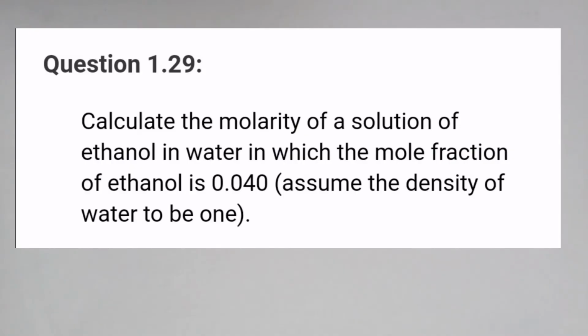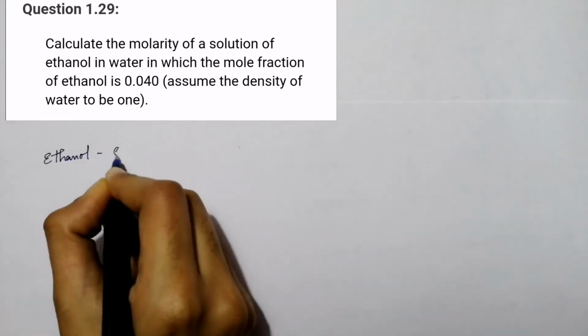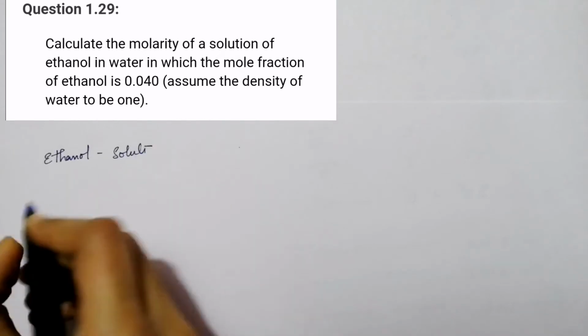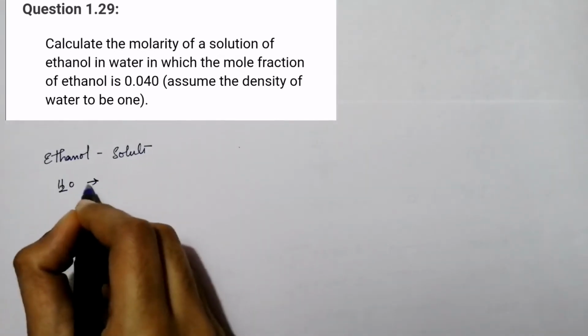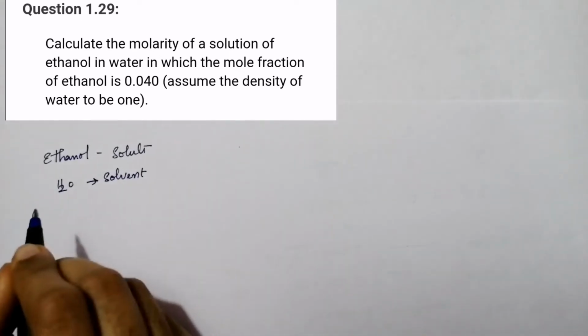Question number 29 says, calculate the molarity of a solution of ethanol in water in which the mole fraction of ethanol is 0.040. Assume the density of water to be 1. We have ethanol as our solute and water as our solvent. So this data is clear from the question.